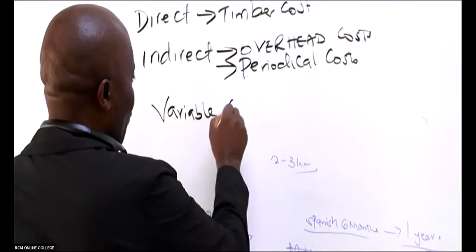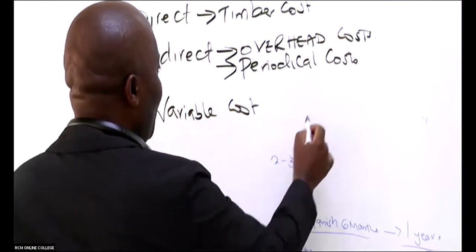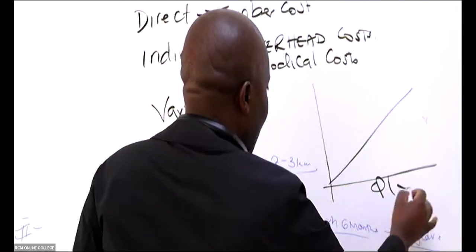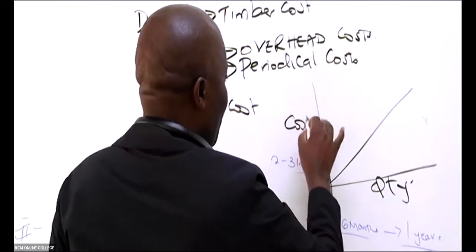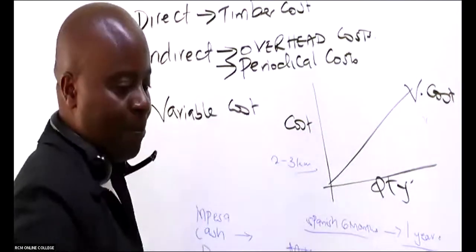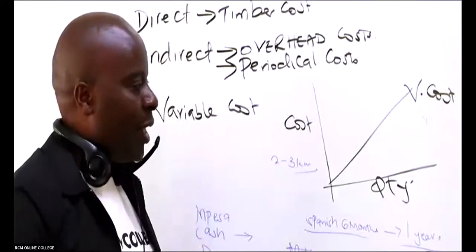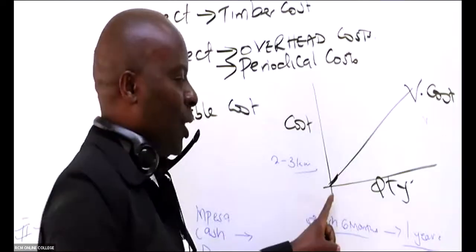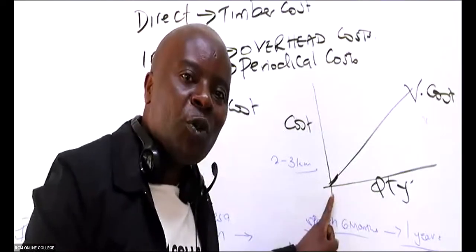We have what we call variable costs. Variable costs behave like this. If this is quantity and these are costs, variable costs will behave like that. What are you able to see here? That if we produce zero units, variable cost will be 0.